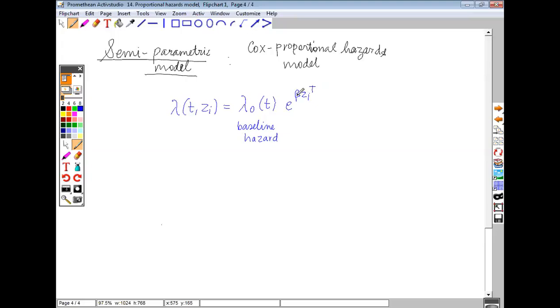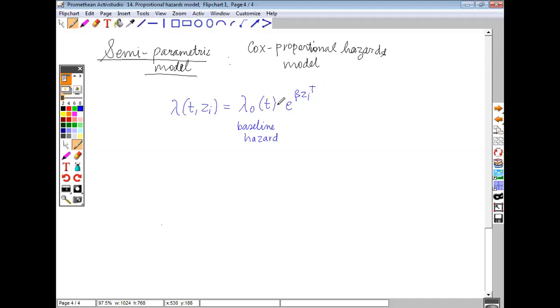This beta here is just the coefficient factor that we saw earlier. This is the covariate factor, and this is its transpose. This is the exponential, and we have these things in the power, and we have lambda 0 t as the baseline hazard. So you see and you wonder what's the difference, right?